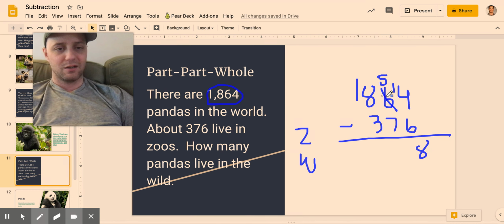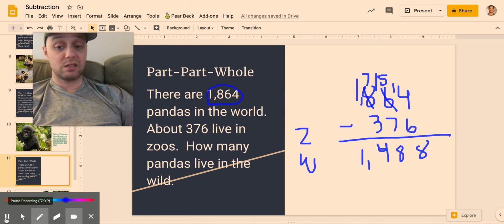Going to regroup again, because this would be negative 2 tens. Take away 100 and add 10 tens. 15 minus 7 is 8. 7 minus 3 is 4. And 1,000 minus nothing is 1,000. 1,488 wild pandas.